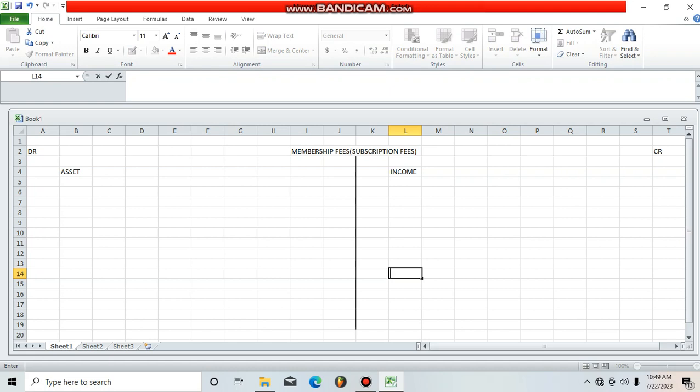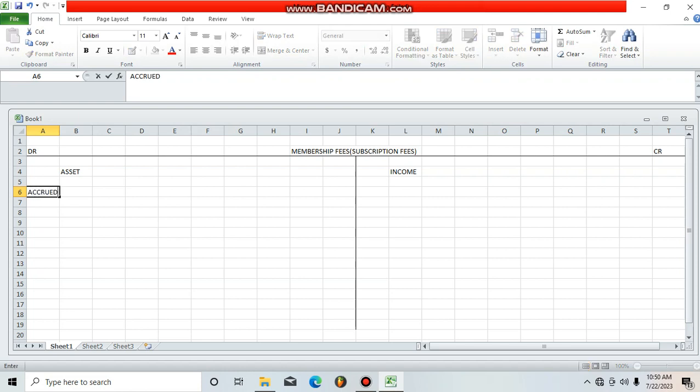So when you're dealing with the membership fee, I want you to have a clear understanding of the assets and the income. On the debit side we're going to have the accrued income.